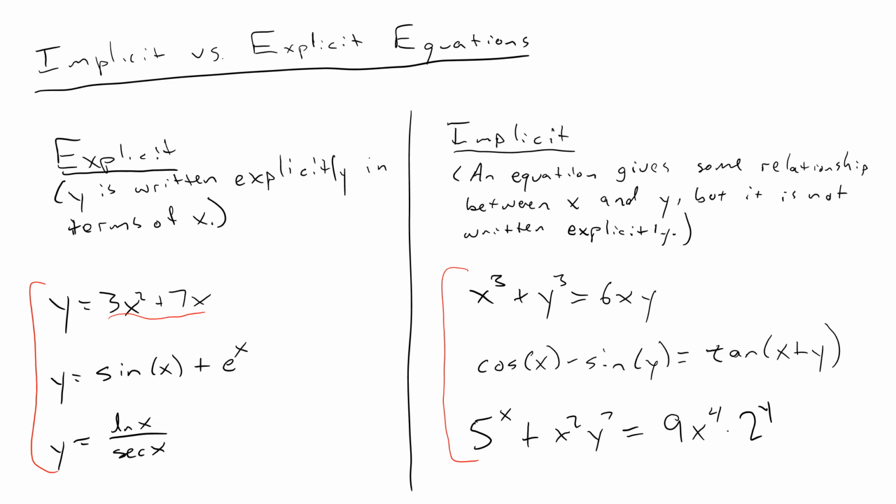Now, this lesson isn't a lesson on graphing implicit equations. I don't need you to worry about how to graph these things. I just want to show you an example of what a graph might look like. So let's take this first equation here, and let me show you what the graph of that equation looks like. It's going to be one that you've never seen before, probably.